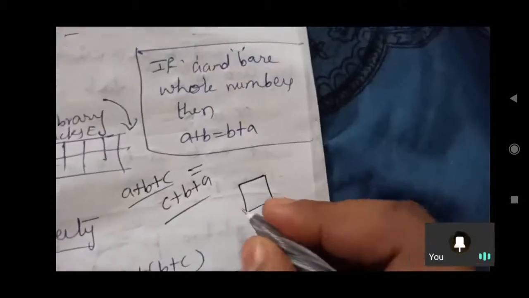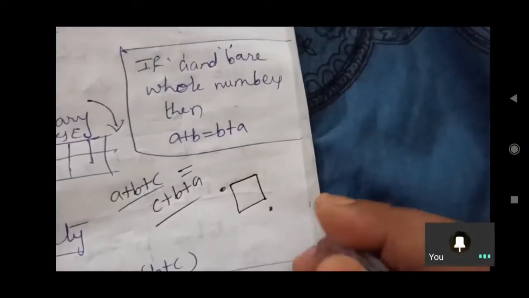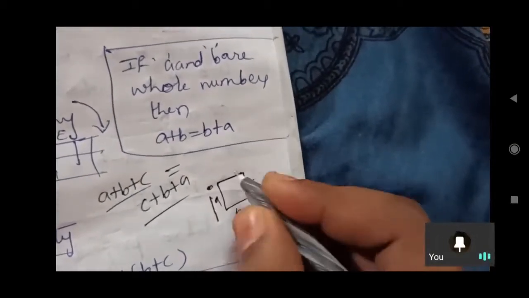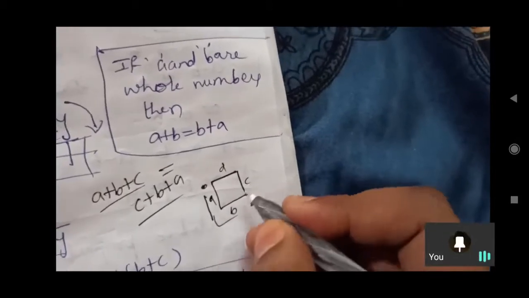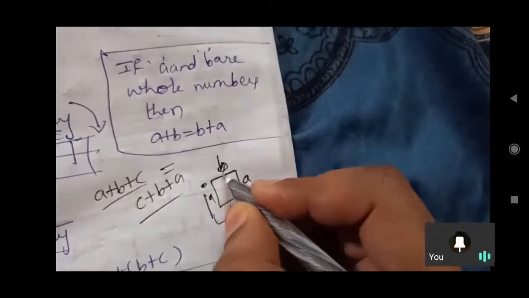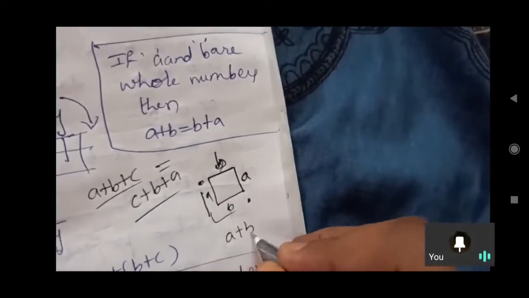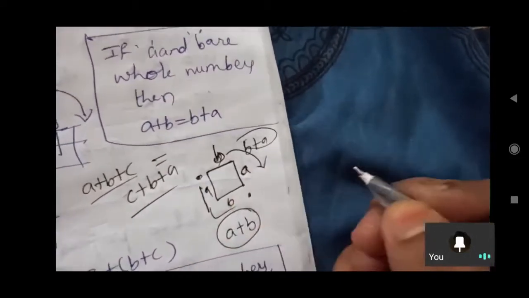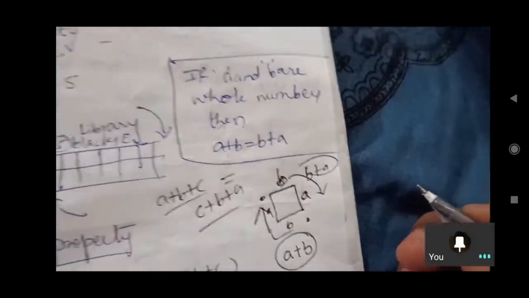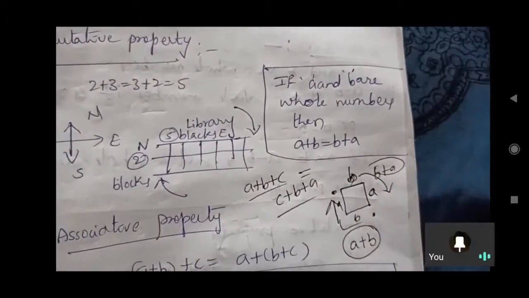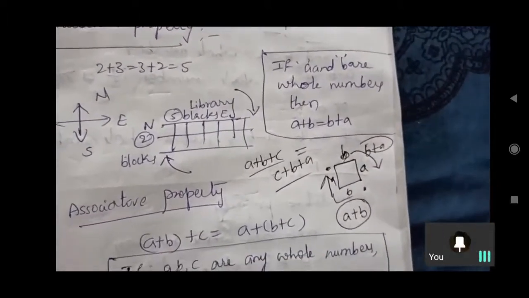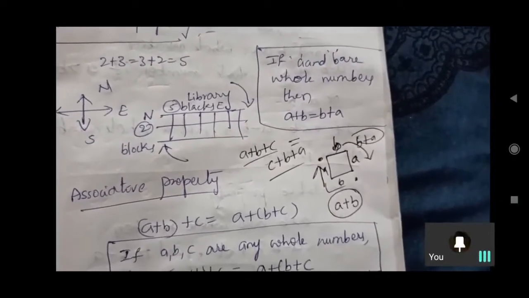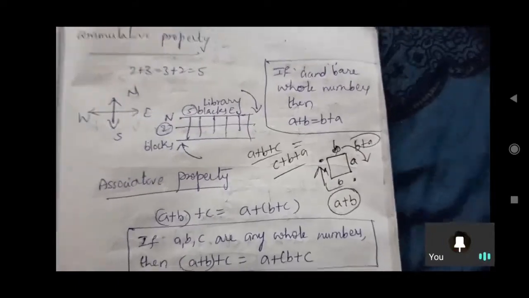If we want to go from here to here, in this manner if we add, all are the same: A plus B, and A is equal to A, B is equal to B. Whichever way we go, it is A plus B, or B plus A, all are the same. So commutative means add in any way, any direction, the result is equal. If A and B are whole numbers, then A plus B is equal to B plus A. In that manner we can understand.